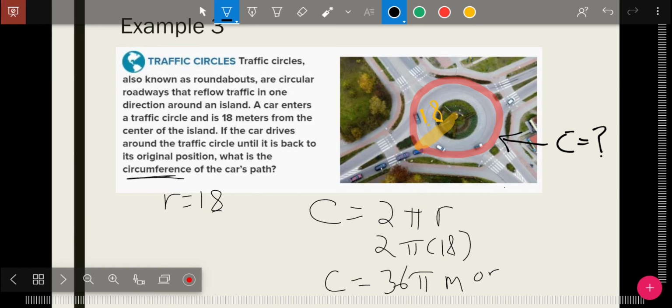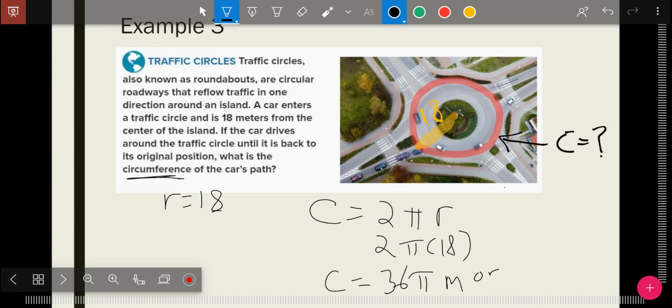However, if it was talking to somebody like, how far did you drive? I don't tell somebody I drove 36 pi meters. And so take your calculator. Now, use a calculator that actually has the pi button. And so do 36 times pi. Right? And I get 113.097, right?